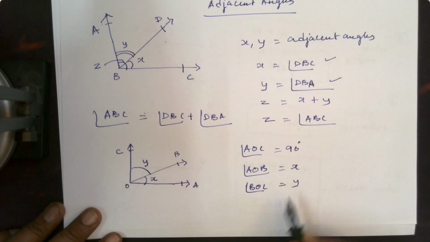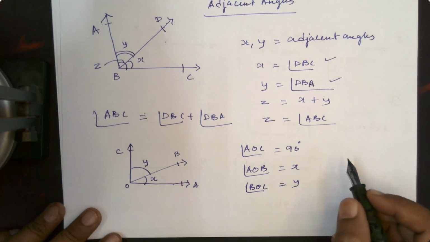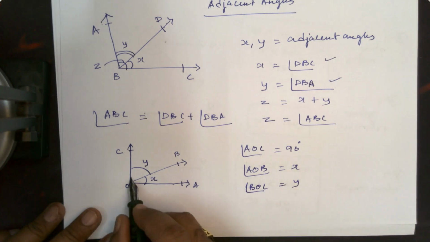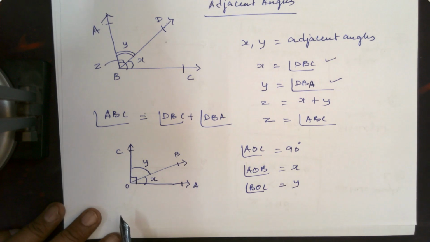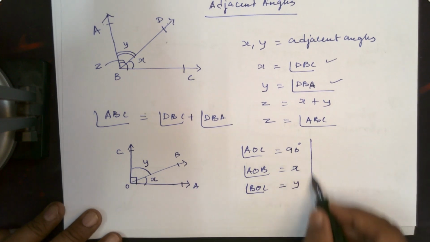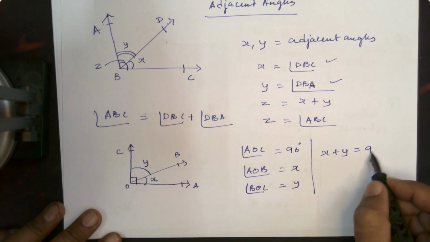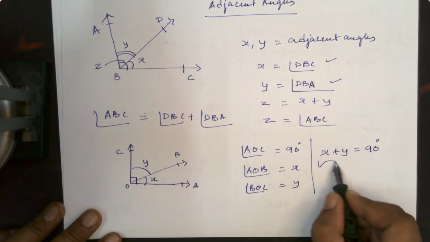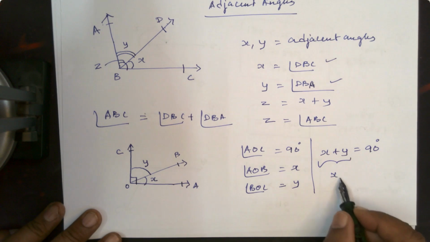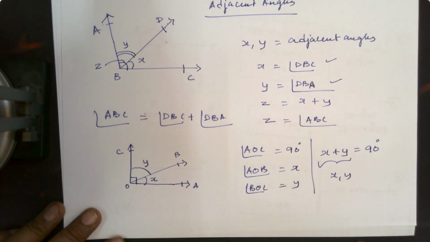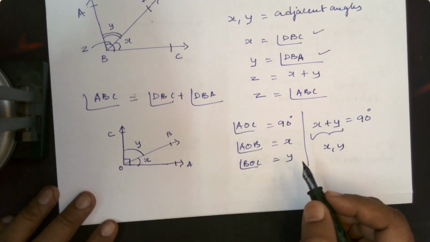Okay. Now adding this you are getting 90 degree. It means x plus y is equal to 90 degree. Such types of angles, that is x and y, are called complementary angles.